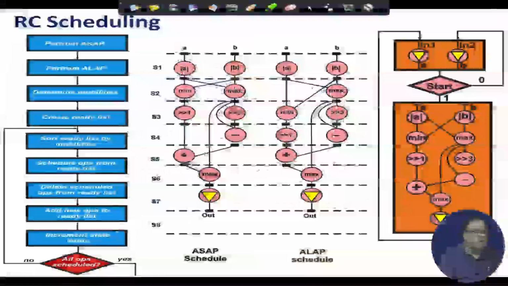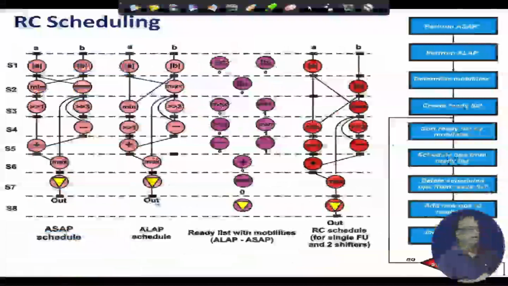And here, given my constraints, every time I see whether all operands are scheduled, all operations and opcodes are scheduled. So, here you see the same thing, ASAP and ALAP.